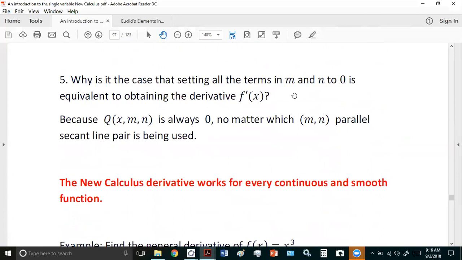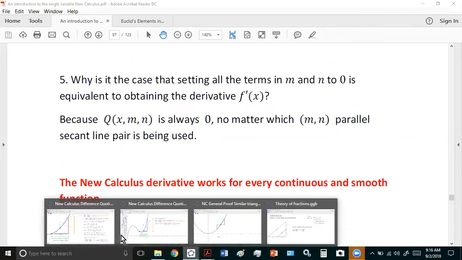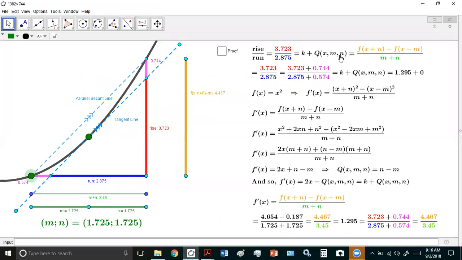It says, why is it the case that setting all the terms in m and n to 0 is equivalent to obtaining the derivative f prime of x? Because the auxiliary expression given by this is always 0, no matter which m-n parallel secant line pair is being used. Did you get that? Okay. Remember I showed you here. This expression here is always 0 because we simply put the m distance in there and the n distance, and there are many of them.